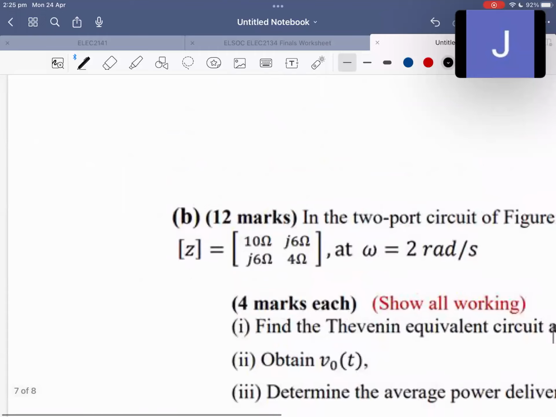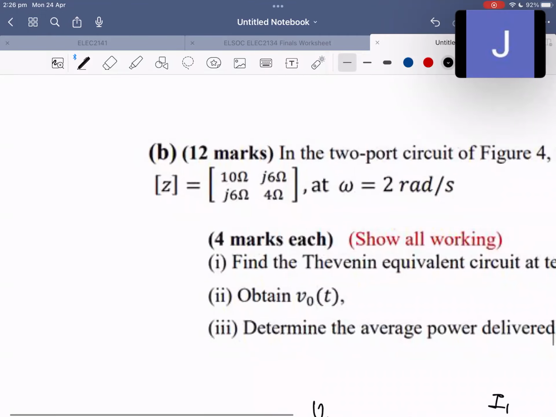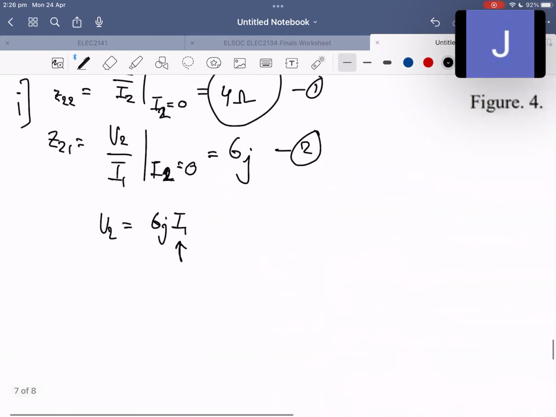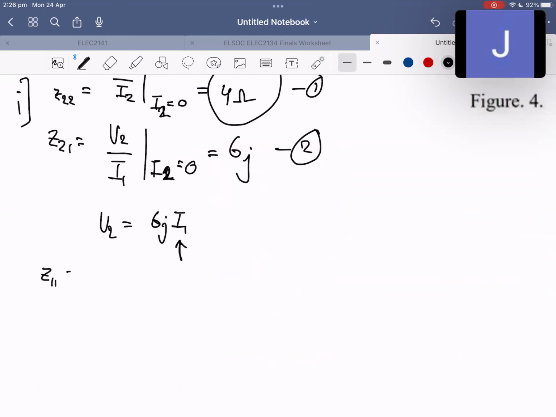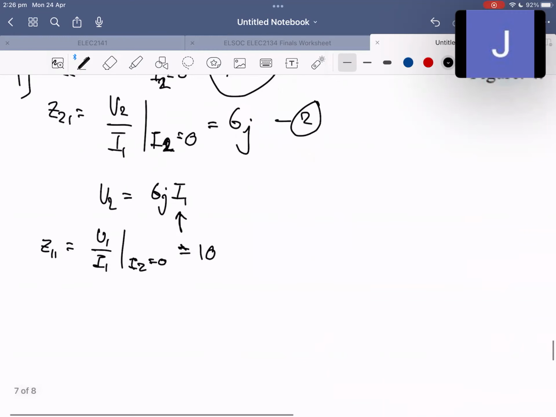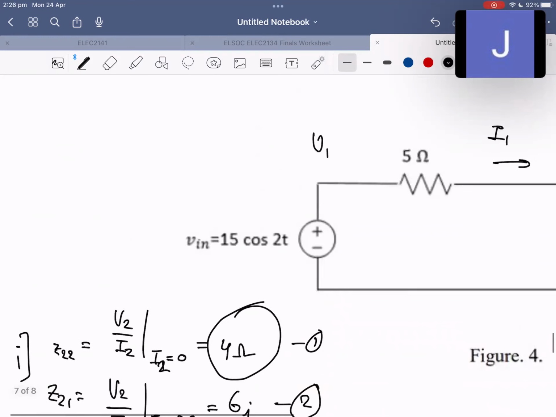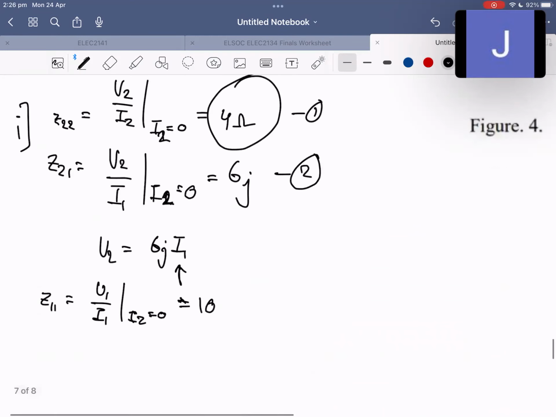We can use another parameter of the 2-port network, Z11, which is V1 on I1 when I2 equals 0, which is 10 ohms from the matrix. V1 is just 15 with a phase of 0.